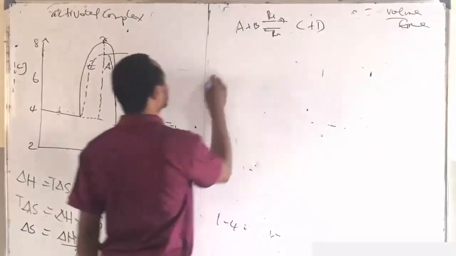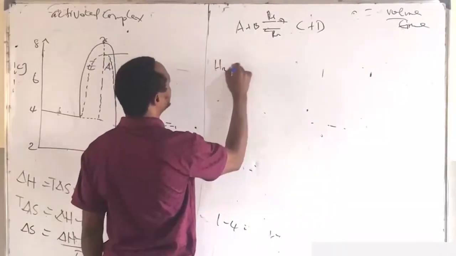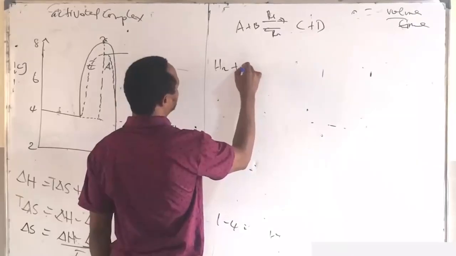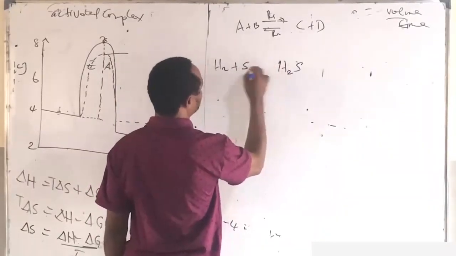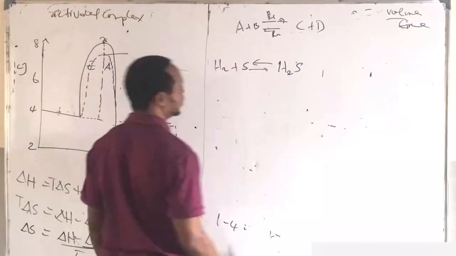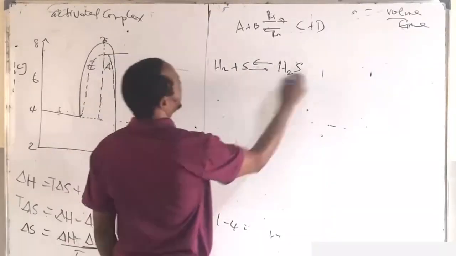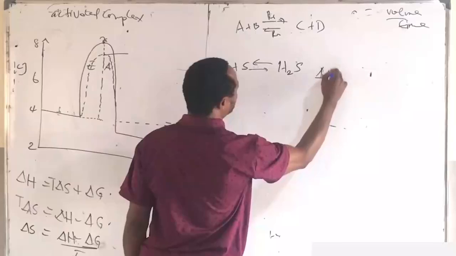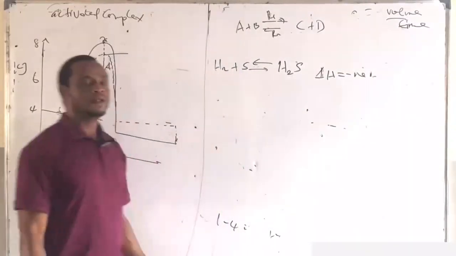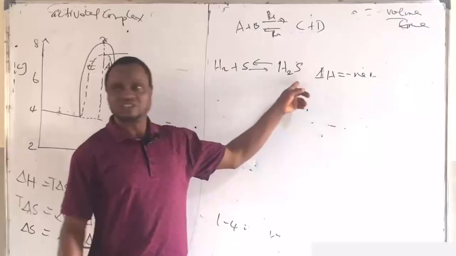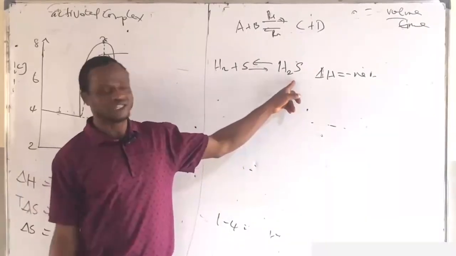Now, if I say that H2 plus S gives us H2S, and I argue that delta H is equal to negative, which means that it is an exothermic reaction.